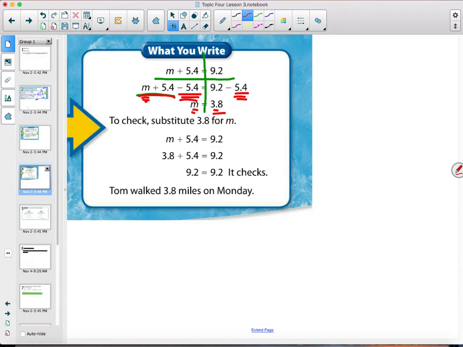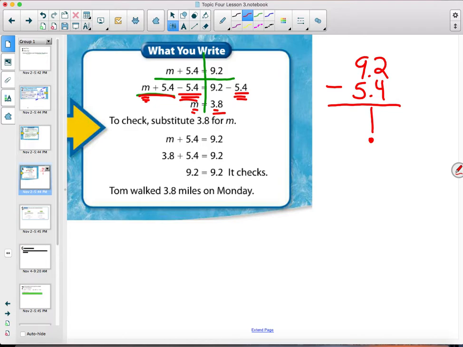Now, here's the thing I want you to keep in mind. When you do the subtraction, make sure you line up your decimal points. Make sure that you line them up, and all you have to do is drop them straight down. Once you get those decimal points lined up, you can bring it straight down because it is subtraction, and that's how we handle the decimal point.